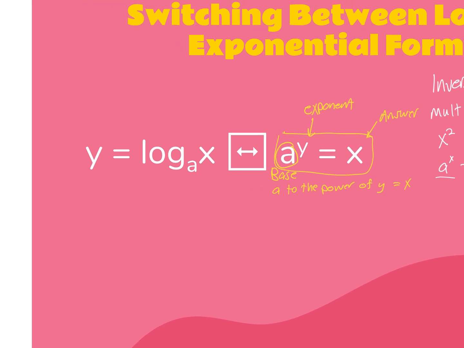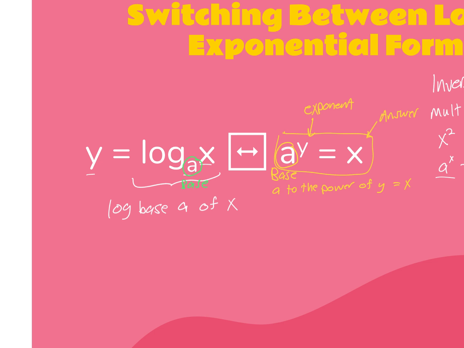Now, if you look where it says y equals log with this a and the x, you actually see all of the same things as you would have seen in the right-hand side. So I still have an a, I still have an x, and I still have a y. We read this portion of it as log base a of x. In this case, the little number right here is our base.